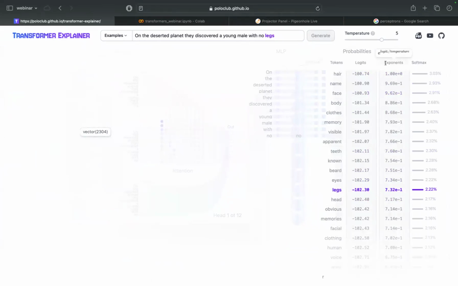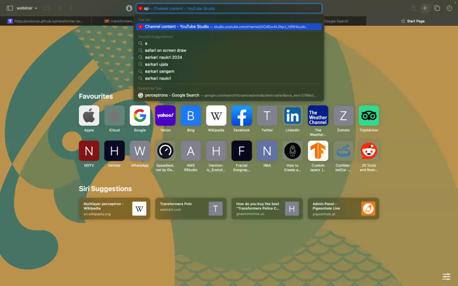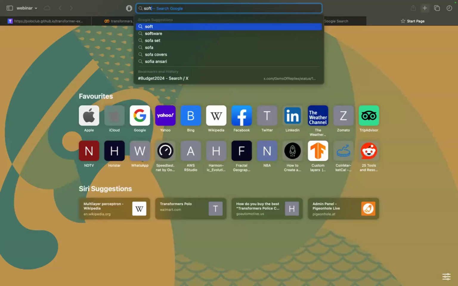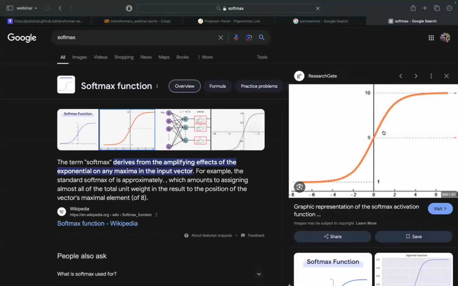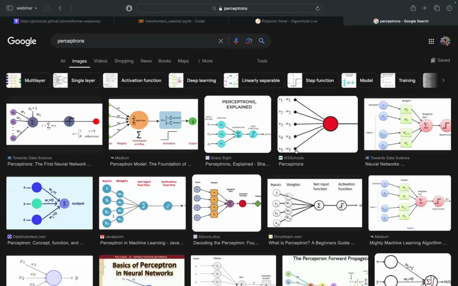So what we do is we just do a softmax. If you don't know what a softmax is, what it does is it just gives you a distribution, as in what word is more likely. So something which is close to zero, it will drag down to zero even more. And if it's close to one, it will drag it up to one even more. So it just normalizes the value between zero and one.